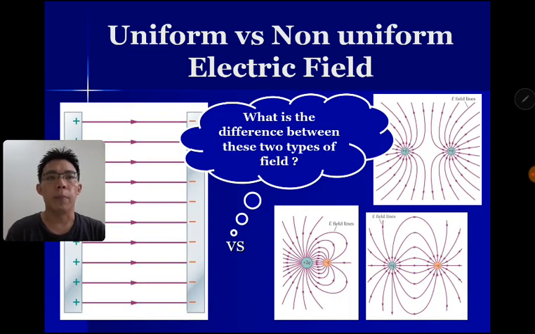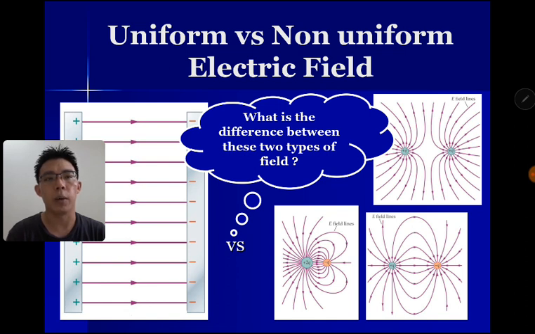Okay, so I'm putting these two cases side by side. One is this uniform electric field, and the other one is the non-uniform electric field. The field lines will be slightly different if you look at them carefully.